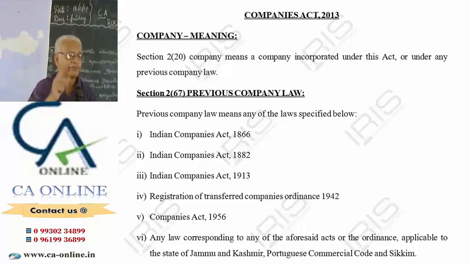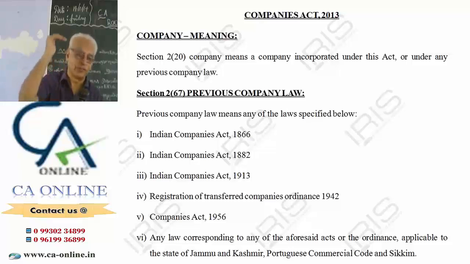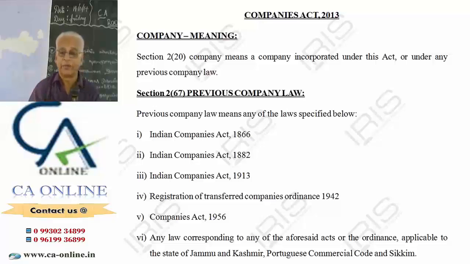Now, if the promoters of the company or any person connected with the formation of the company knowingly gives false information or misrepresentation, or there is an error in the sworn declaration, or it has been given with a fraudulent motive, then he is liable for punishment under Section 447. Last class I mentioned Section 447.